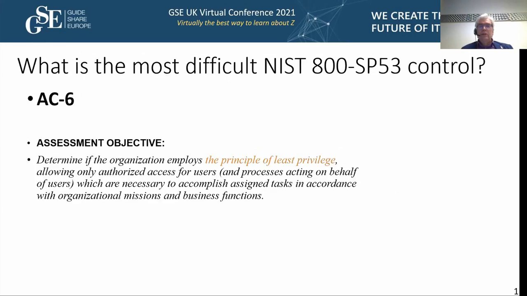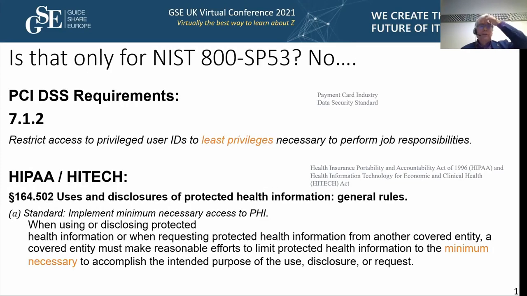First the question, is this only for 853? No, it's not only for 853. It's also PCI DSS 7.1.2, where it says restrict access to privileged user ID to the least privileges necessary to perform job responsibility. It's also part of the HITECH, the Health Information Technology for Economic and Clinical Health.